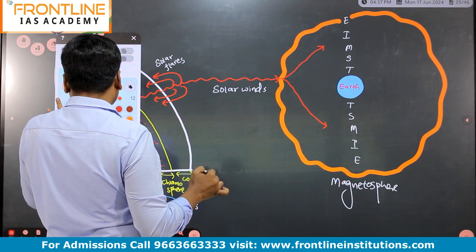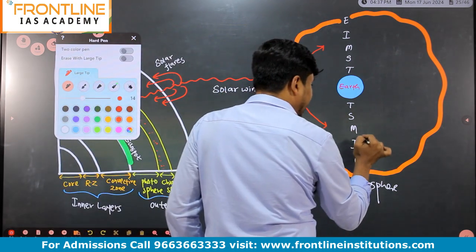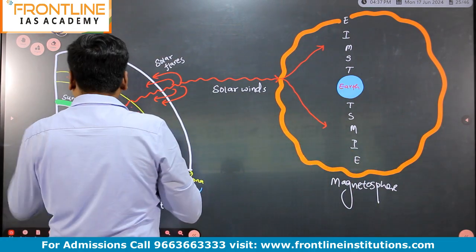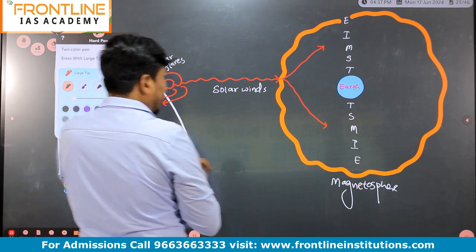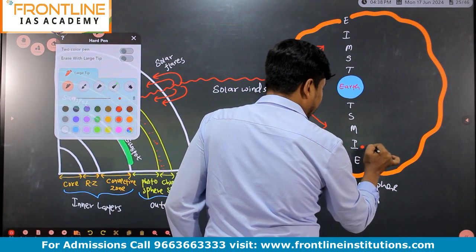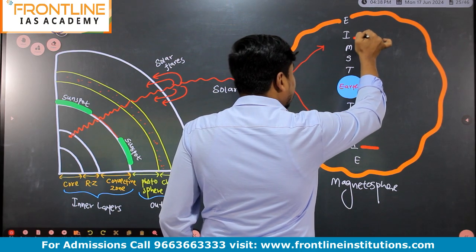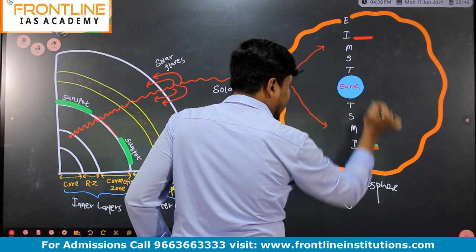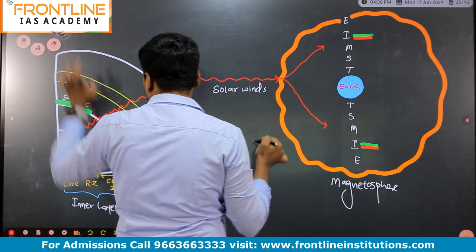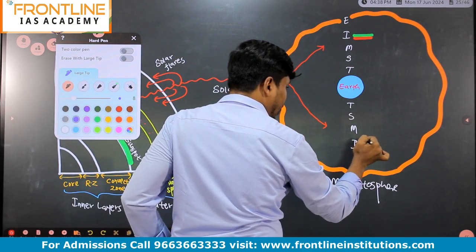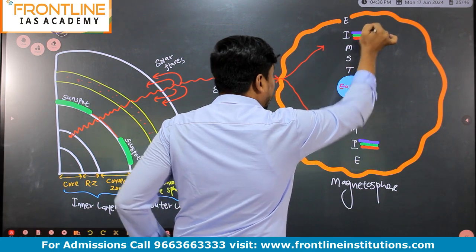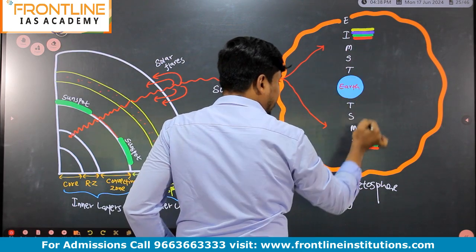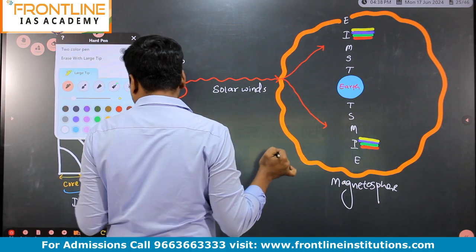And this solar wind forms different colored lights in the ionosphere. Red light, then green light, here also green, then blue light, and then it forms yellow colored light, and then pink colored light.